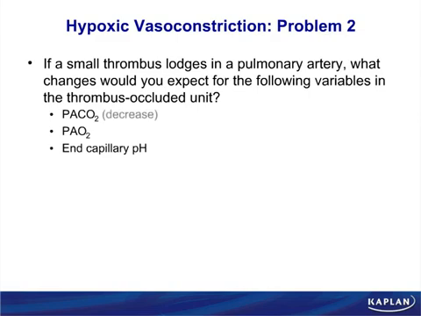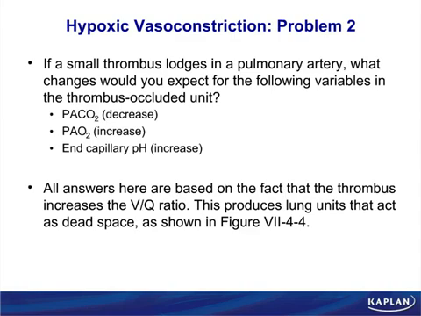I know CO2 is going to go down. Oxygen is going to go up. And if CO2 is going down, that's an acid, then pH will go up. All of these are based on the idea that the thrombus increases the VQ ratio. This produces areas that act as dead space, as we have indicated.